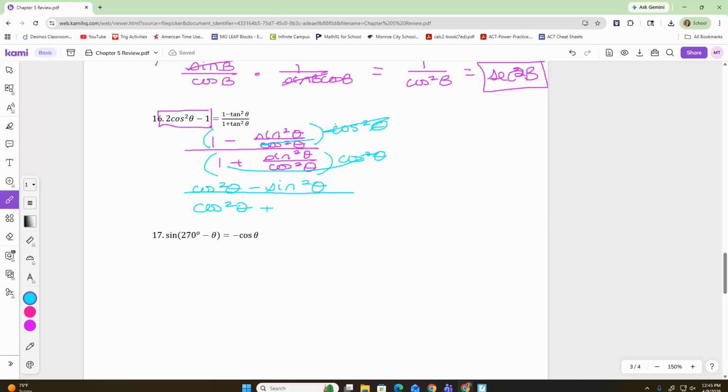Plus, here they drop, sine squared. Somebody is with me there? Look at our goal. I only want cosines. I do not want a sine. What could I change sine squared to?